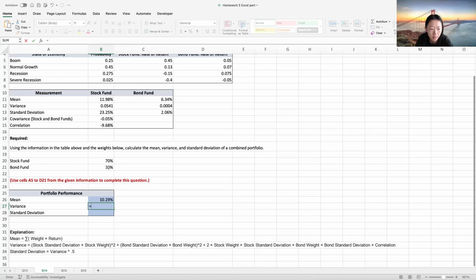And the variance is, we're using the weight times the standard deviation of stock raised to the power of 2, plus the weight times standard deviation of bond raised to the power of 2, plus 2 times stock weight times standard deviation times bond weight times standard deviation of bond and times the correlation.